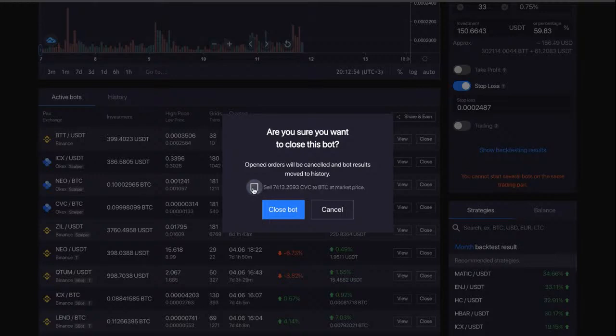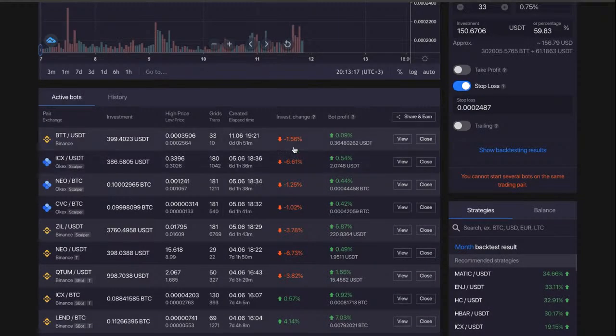Otherwise, if I don't click on this box, I will have that amount of Civic on my balance. But I don't want to have exposure to CVC anymore. I want a full exit. So I'm going to click on it and click on close the bot.